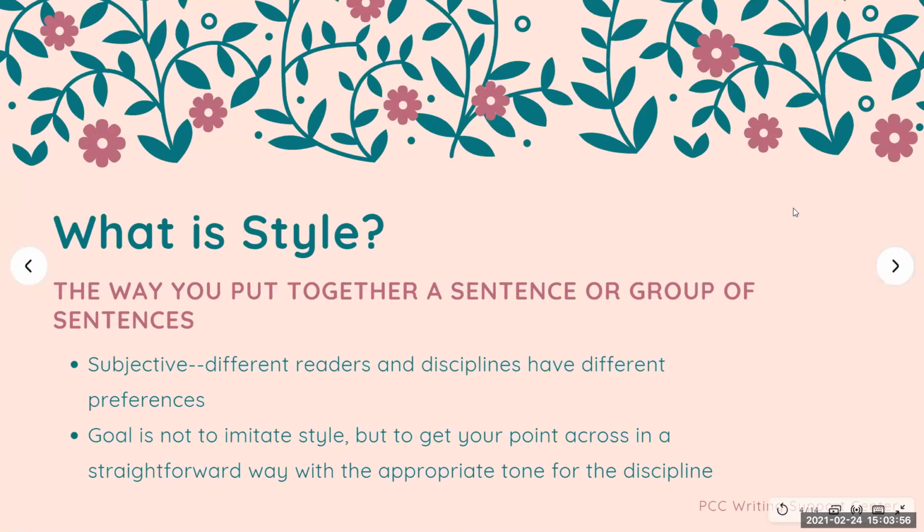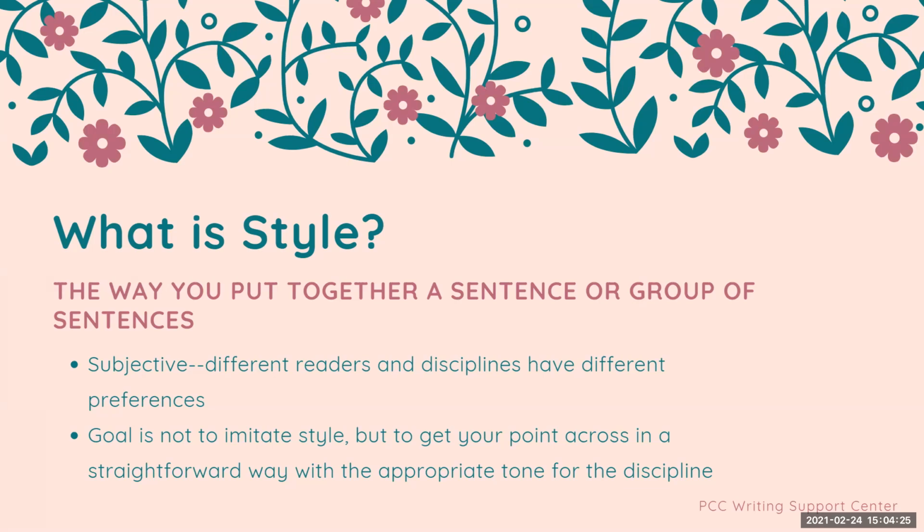How do we edit and how do we work on improving our style of writing? So what is style? Style looks at the way that you put together a sentence or a group of sentences. This is very subjective because it looks at how readers interpret your writing, and different disciplines have different style preferences. For example, if you're writing a paper for the STEM disciplines, those types of writing tend to be a little more straightforward.